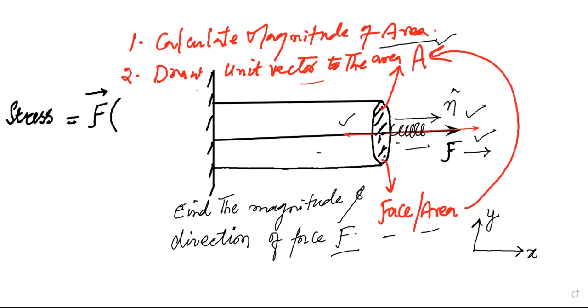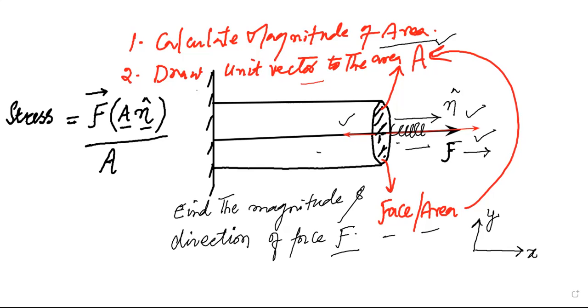It's acting on an area whose magnitude is A, and on which the unit vector is n cap. Fine. So we write stress is equal to force F acting on area A whose unit vector is n cap, divided by the magnitude of area, that is A.